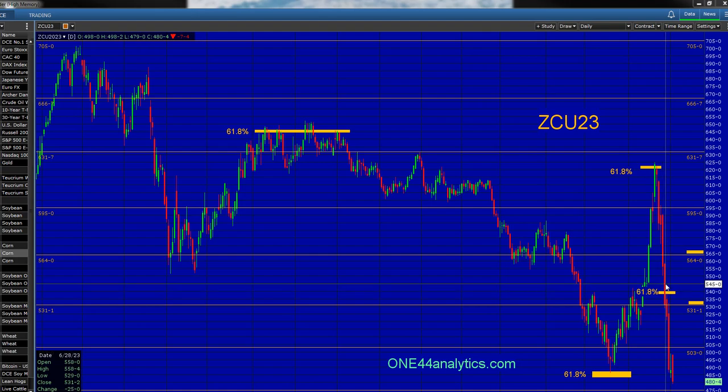So what happened here at this 61.8, right through 23.38 and 61.8, there was never a play off of this like you had down here or right here. It just took it out.